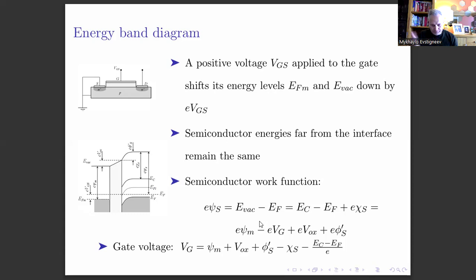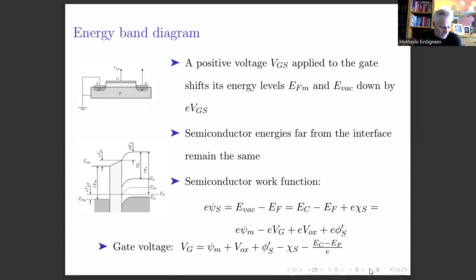And using this relation, we can express the gate voltage in terms of everything else. You just rearrange the terms in this identity. And this gives us the gate voltage in terms of everything else.